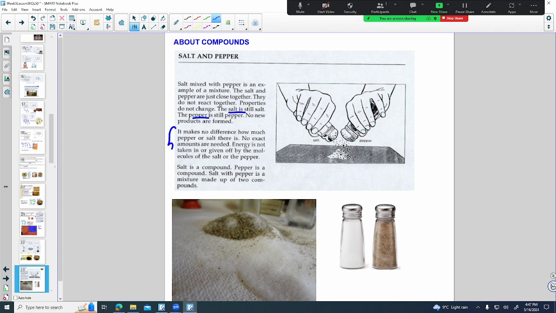It makes no difference how much pepper or salt there is. No exact amounts are needed. That means there's no fixed ratio. Energy is not taken in or given off by the molecules of the salt or the pepper. Salt is a compound, pepper is a compound. So salt with pepper is a mixture made up of two compounds.